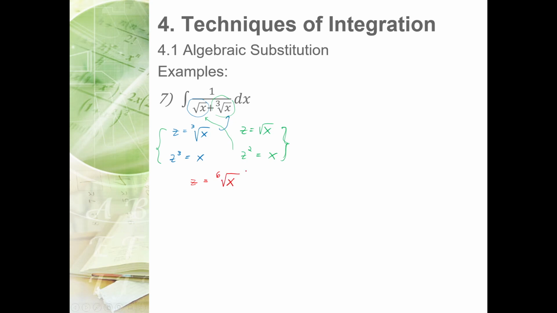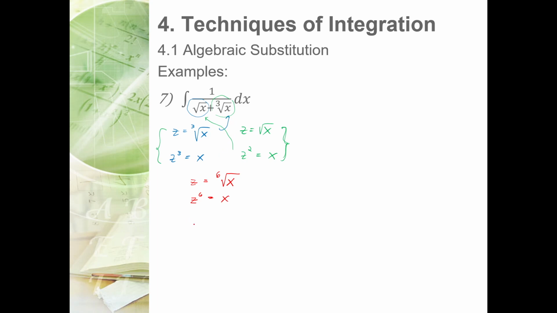Let's try that. So we have z to the power of 6 equal to x. Notice that if we plug in the value of x inside the square root, that's z to the power of 6, so now we have the square root of z to the power of 6, and that's z cubed, di ba?